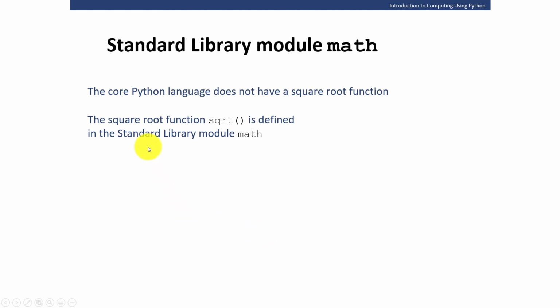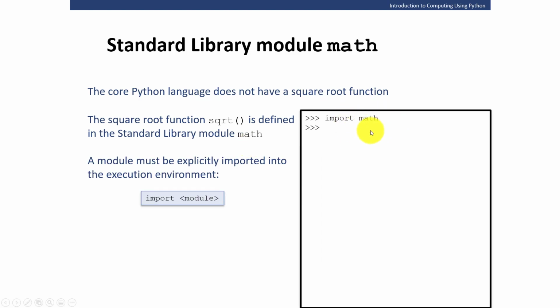So the core Python language does not have a square root function. In order to have the square root function, sqrt, we have to use what? The standard library module that's called math. So similar to the turtle, what you have to do is import math, and then if you try to evaluate sqrt by itself, it's gonna give you an error.